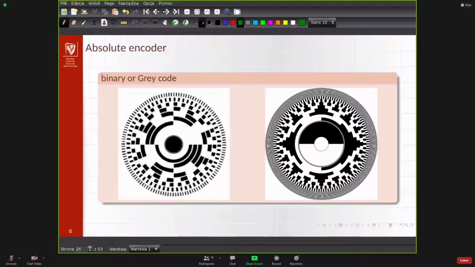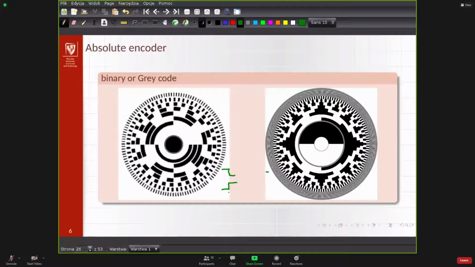The problem is that if you have, for example, a position in the binary code, and let's say you go from one point to the second, you have 2 bits changing at the same time.